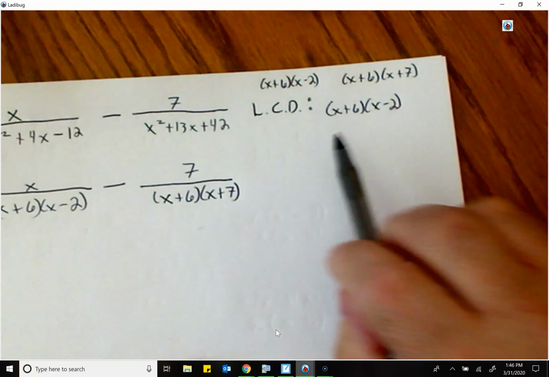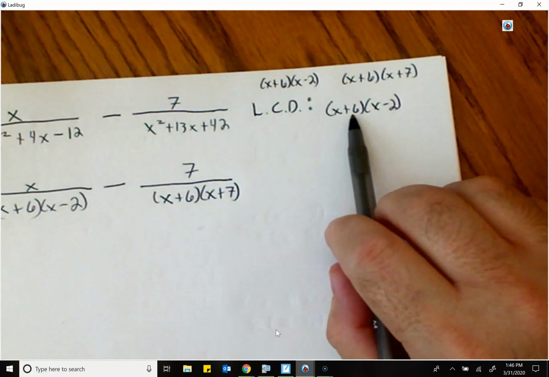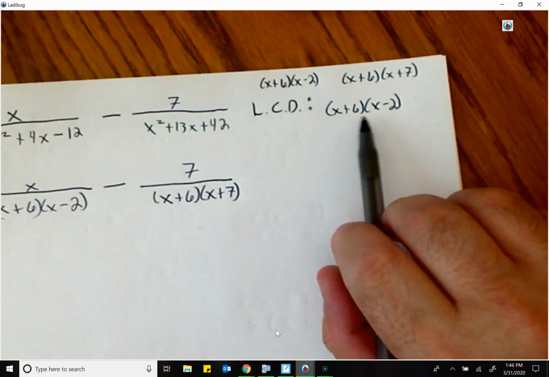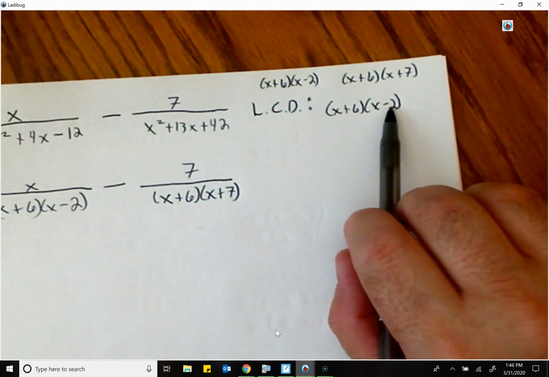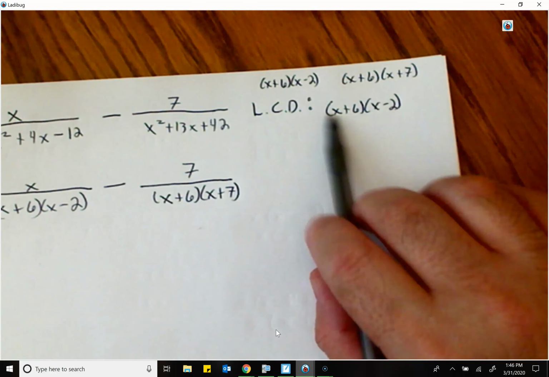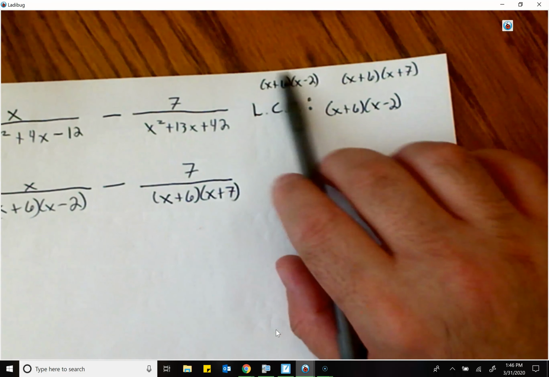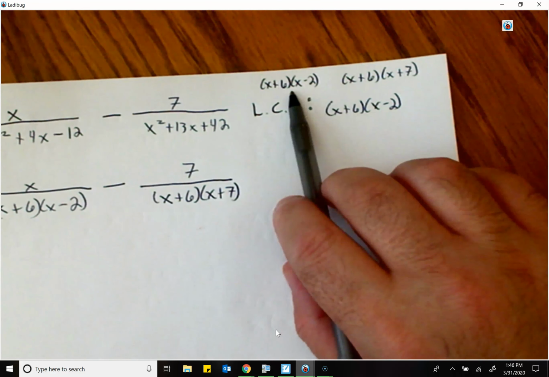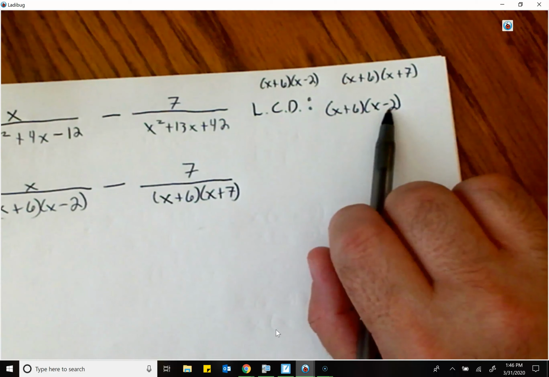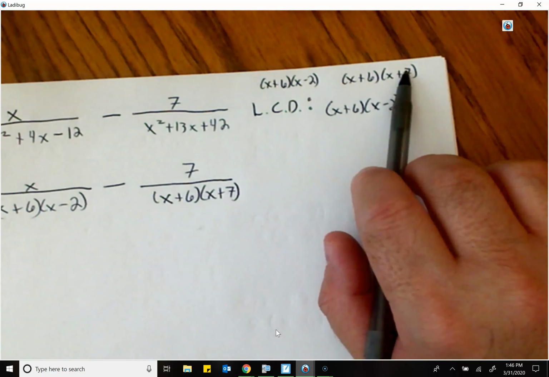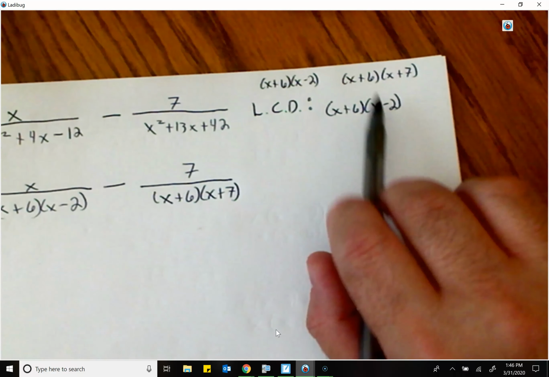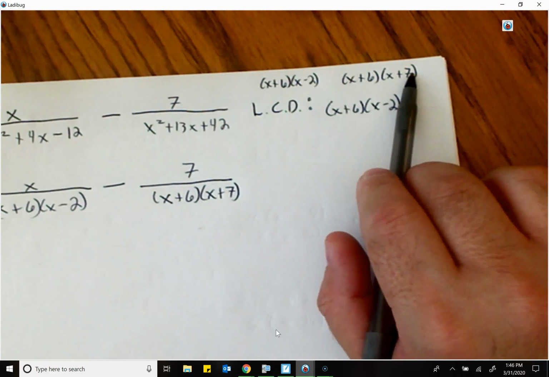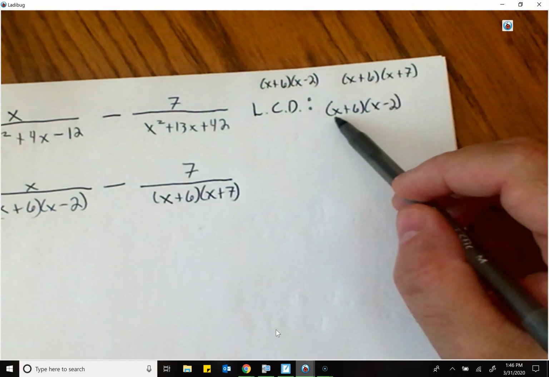And then I have them compare with the next denominator. So right now our LCD is x plus 6, x minus 2, because all this information covers this first denominator. Both of these parentheses are right here. But when I look at the next parenthesis, do both of these parentheses cover the x plus 6, x plus 7? No. The x plus 6 is covered.